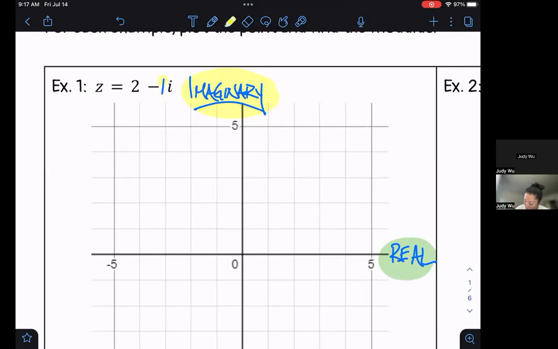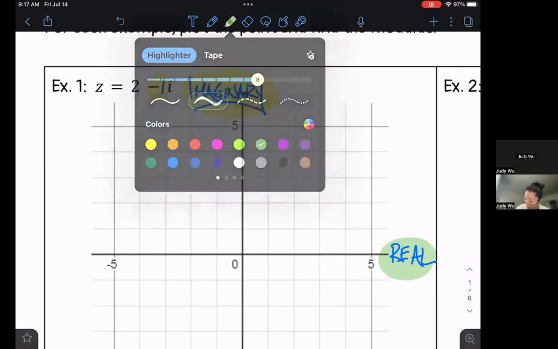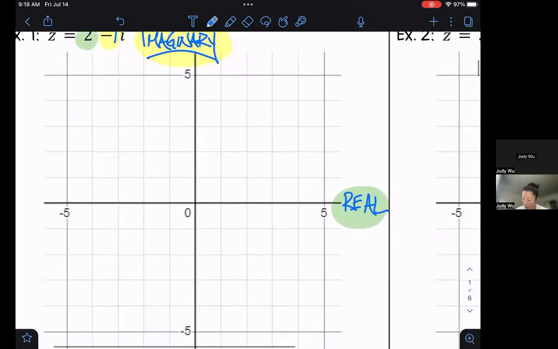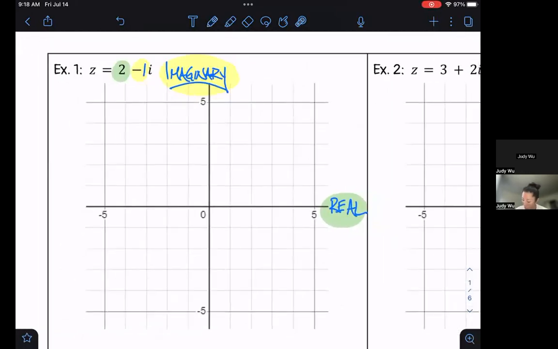And so what that means is -1 is my b and my a is 2. And so if I graph that on here, I'm going to go from the origin, I'm going to go over 2. That's my real. And then I'm going to go down 1 for the imaginary. So this is where the point z is, okay?